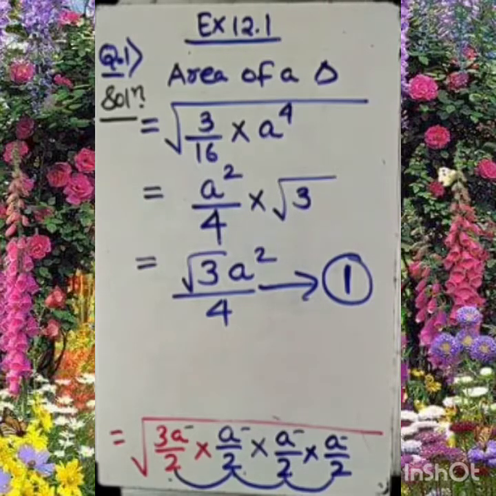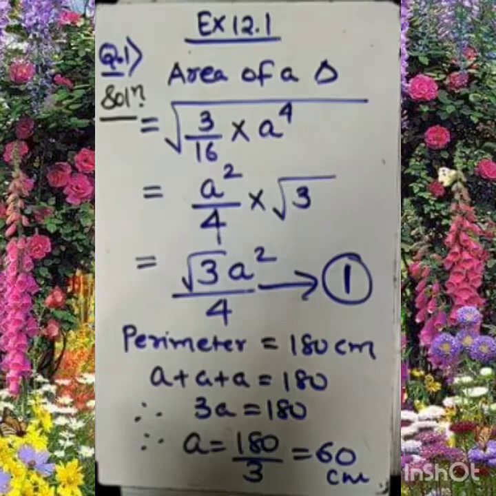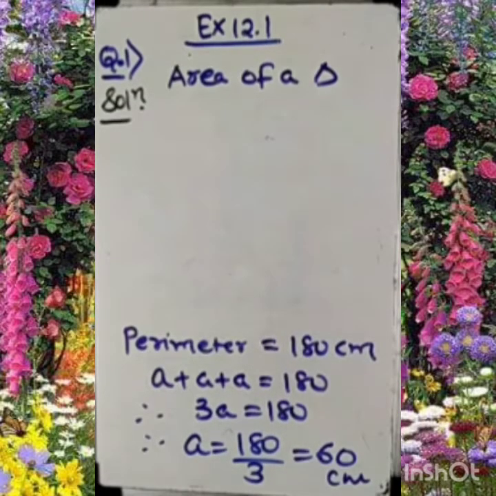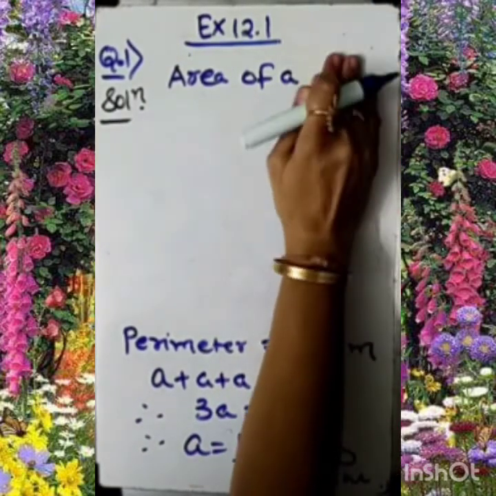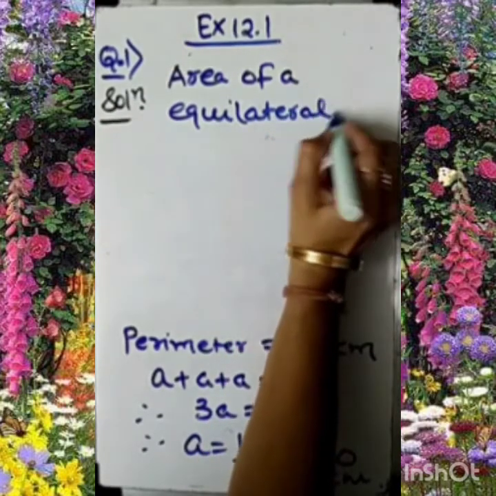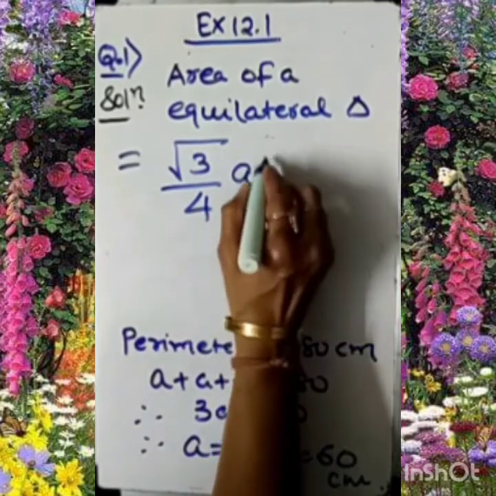Now in the same question, one additional question is there. Let's work on that. Therefore, the area of an equilateral triangle is root 3 by 4 into a squared.